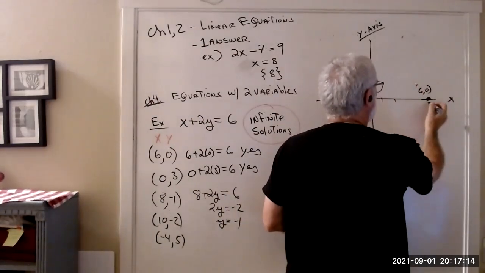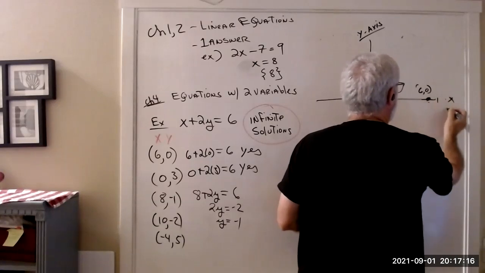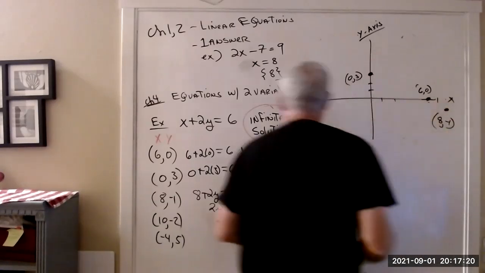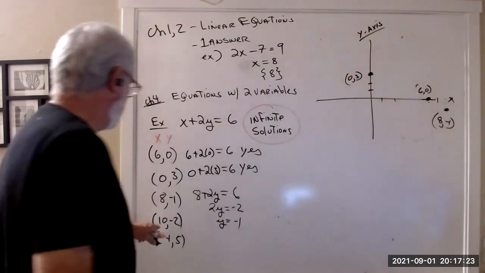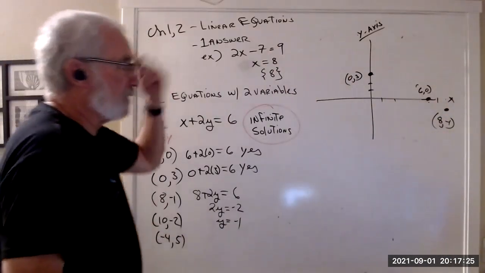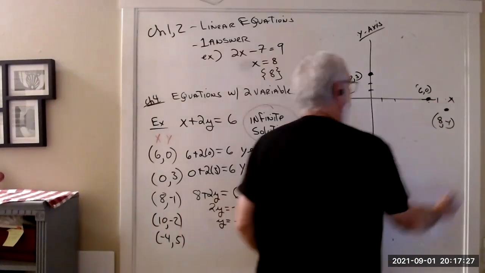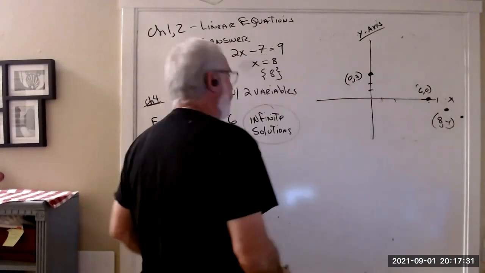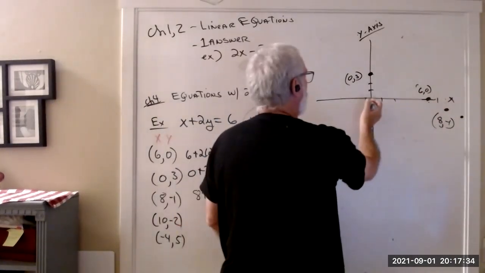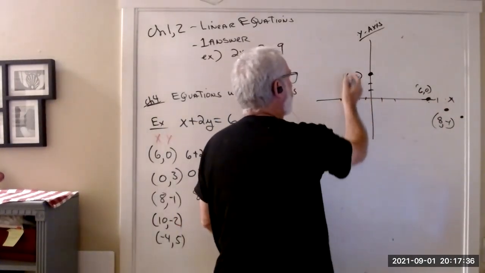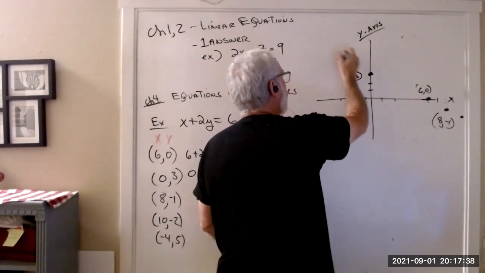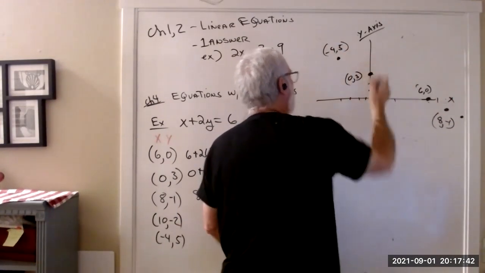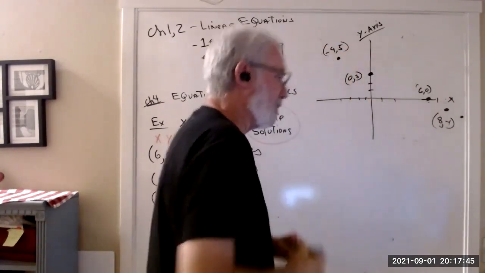That was 6, 7, 8, -1. 10, -2. Well, that's off my screen. I don't know what that is. That's somewhere like out of here. -4, 5. 1, 2, 3, 4.